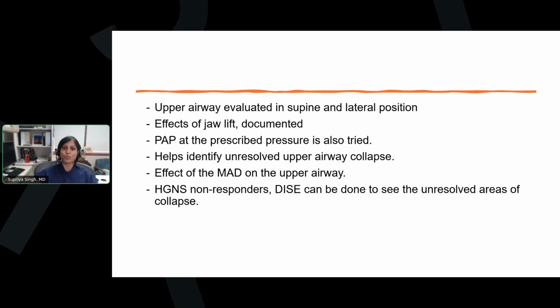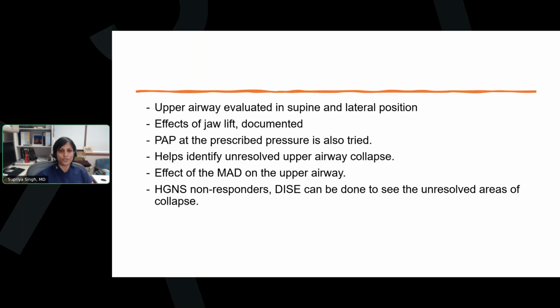When we do the DISE, we are evaluating not only for surgical therapies, but also for other therapies that I spoke about previously. So during this evaluation, we evaluate the upper airway by placing the patient in the supine position. Then we turn them sideways just to see if supine obstructive sleep apnea can be treated by that.